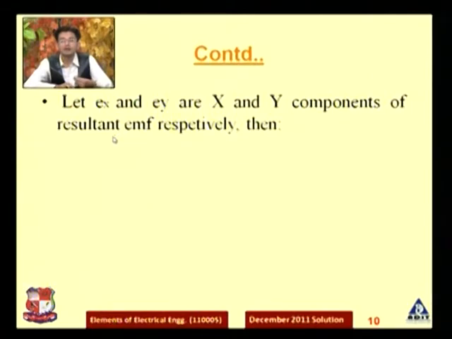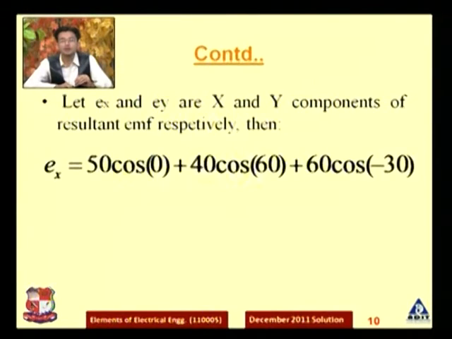You have to find Ex and Ey, that is the x component and y component. If you can find the x and y components, then you can find the resultant EMF easily. So Ex, if you want to find it, you have to apply the cos component of the EMFs.